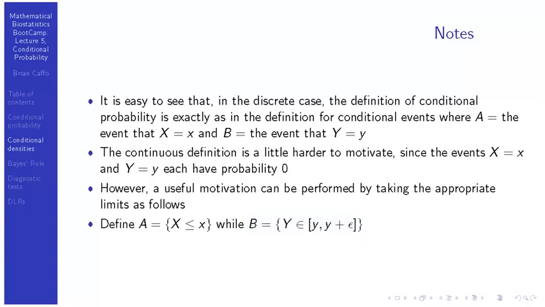Then A and B are events that have positive probability, and we can apply our standard definition of conditional probability to talk about the probability of A given that B has occurred. That follows from our standard definition.